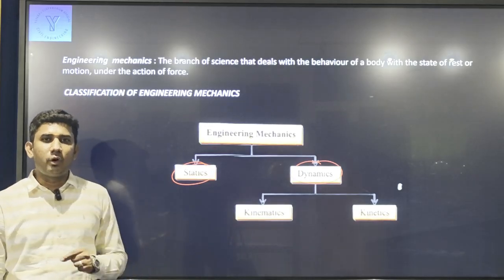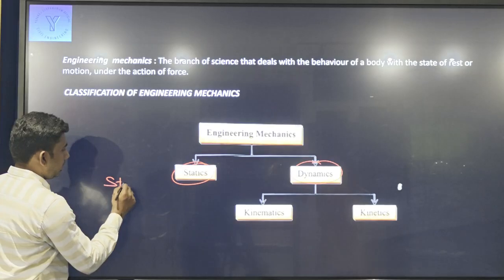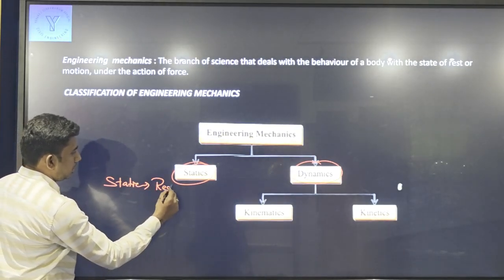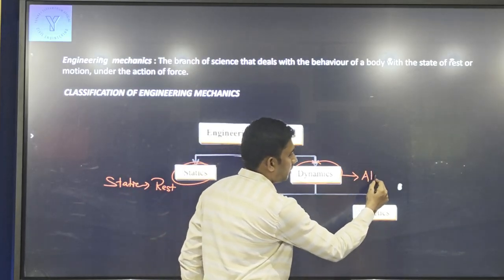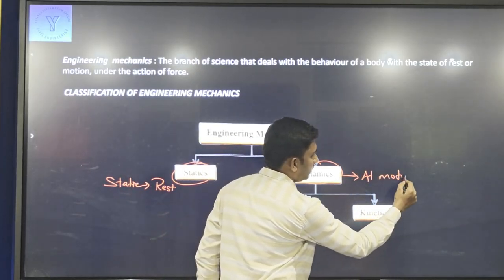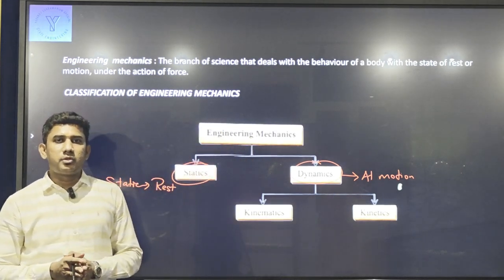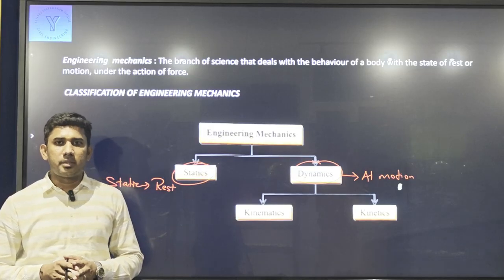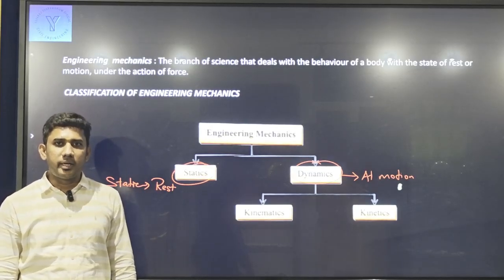Statics is the study of an object which is at rest. So we can write it as: it is a study of an object at rest. Dynamics, for example, means it is in motion. If I want to find a force or study an object which is at rest, I consider that study as a static subject. If I consider the forces which cause motion, I consider that as dynamics.